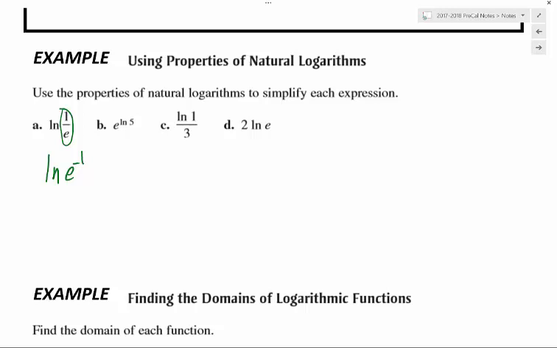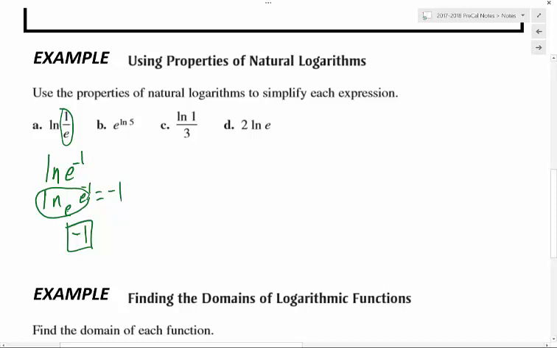So now I'm saying e to what power will equal -1? Well, this just simply drops it, and I get -1 as my answer. Because now I've got a base e of another e raised to the -1 power, and this whole part of it here just becomes eliminated.